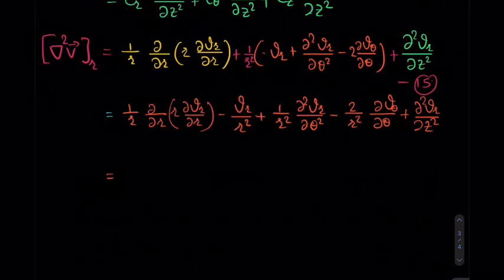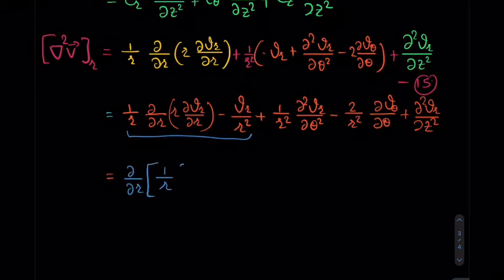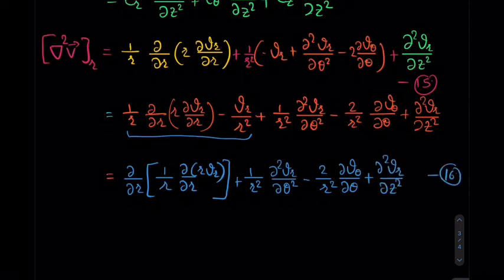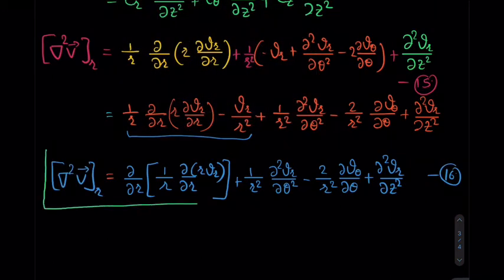Okay, so these first two terms can be clubbed into a term ddr of 1 over r ddr of r times Vr. By the product rule we can get the same terms, plus the other terms as they are, minus 2 over r squared dv theta d theta, plus second derivative of Vr with respect to z direction. So these components are along the r direction of del squared V bar.